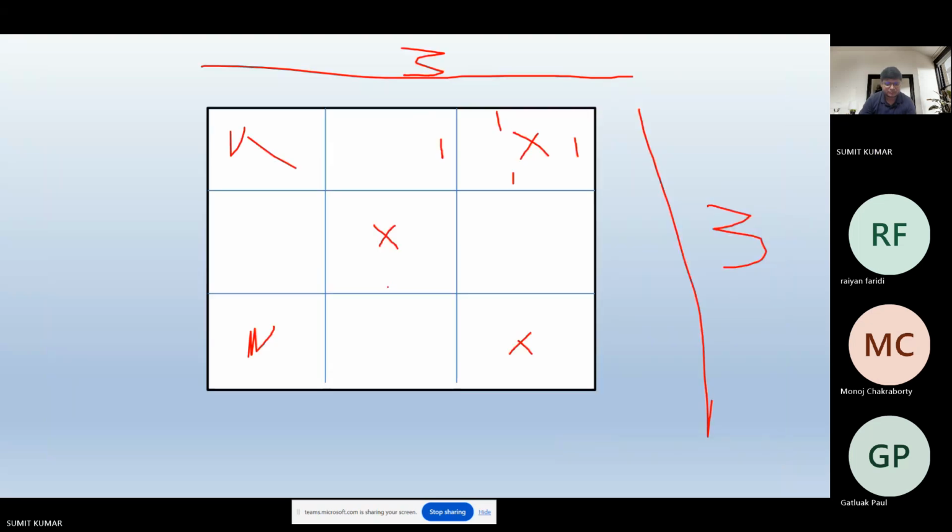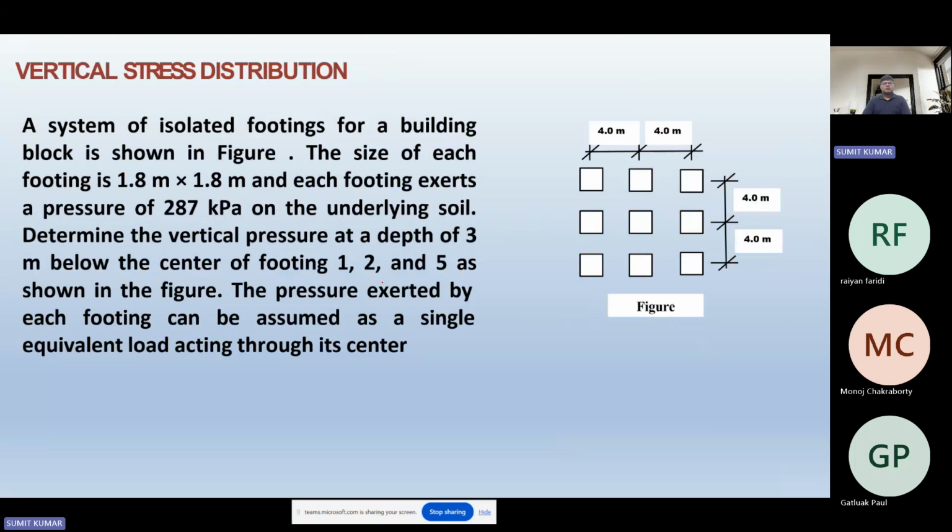Okay, now move to the next problem. The next question says that a system of isolated footing for a building block is shown in the figure. The size of each footing is 1.8 meter into 1.8 meter, and each footing exerts a pressure of 287 kilopascal on the underlying soil layer.